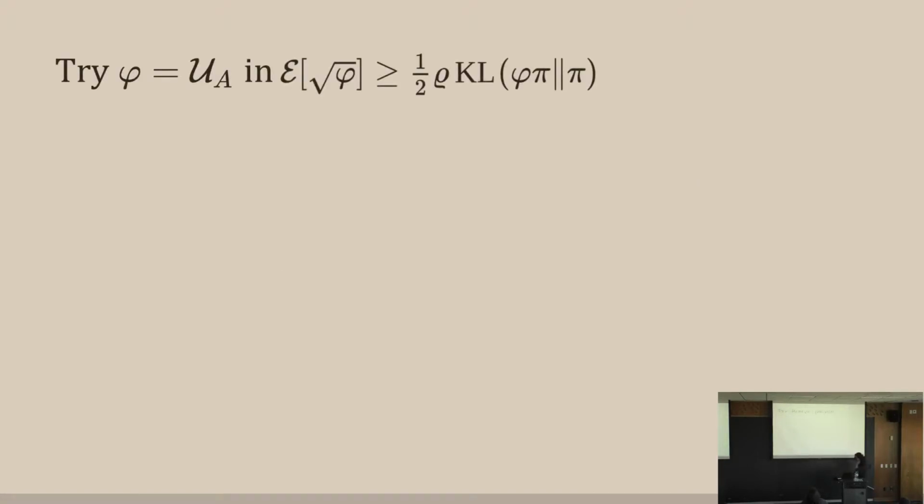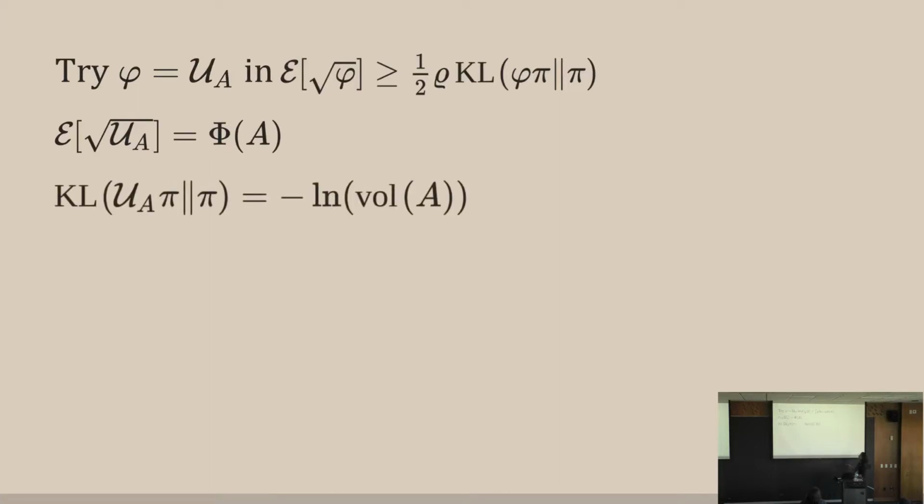So now that we've proven that inequality, let's see what happens if you substitute in the uniform density over a set. If you write down the definitions and calculate, the energy of the square root of the uniform density over a set is just equal to the conductance.